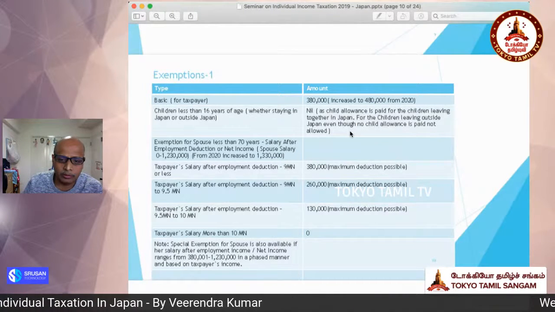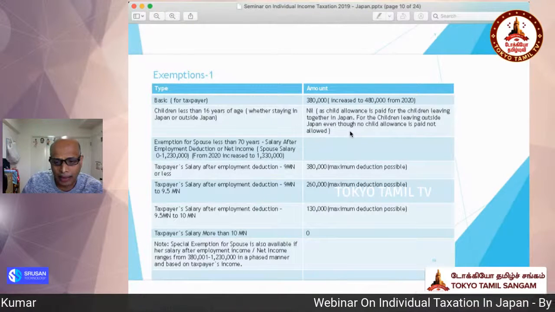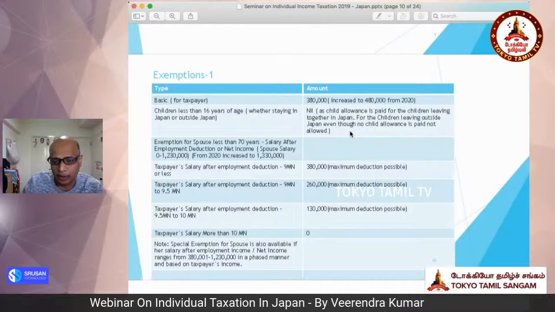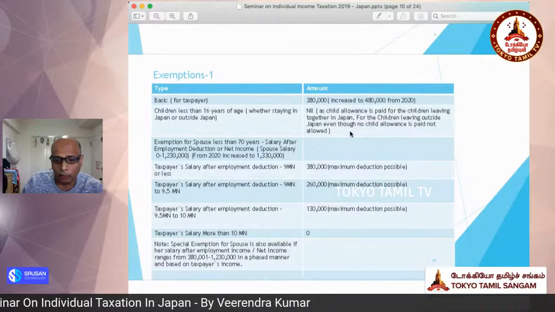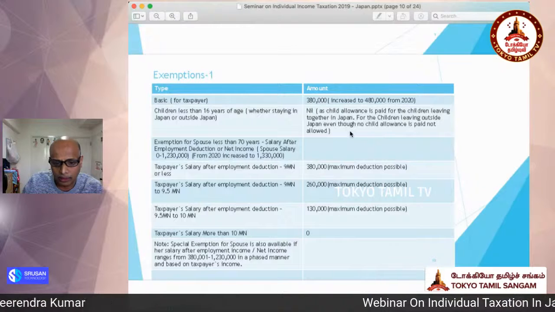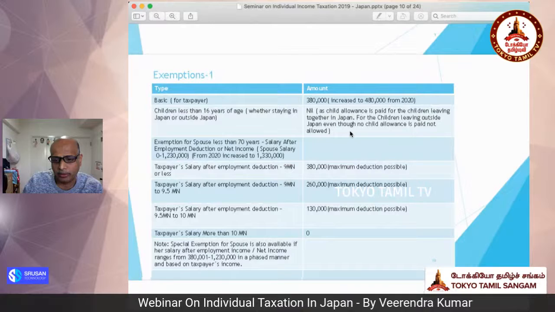However, as and when your income keeps on increasing, or her income keeps on increasing, the deduction amount for her in your tax return will come down. And if your salary is more than 10 million or gross salary is 12.2 million, then the deduction will be zero.